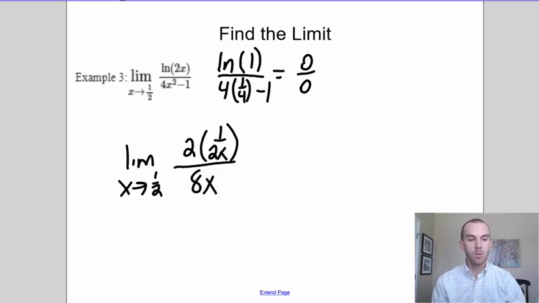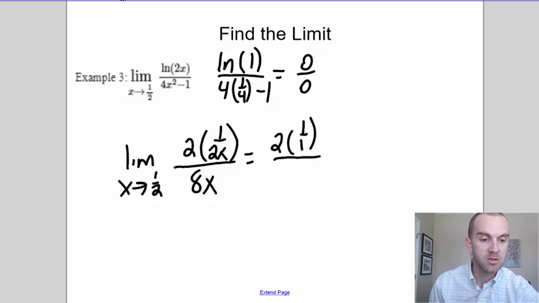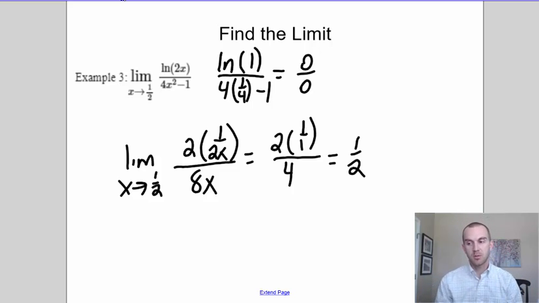So if I plug in 1/2, I'm going to end up with 2 times 1 over 1, and then 8 times 1/2 is 4. So the limit as x approaches 1/2 is 1/2 for this expression.